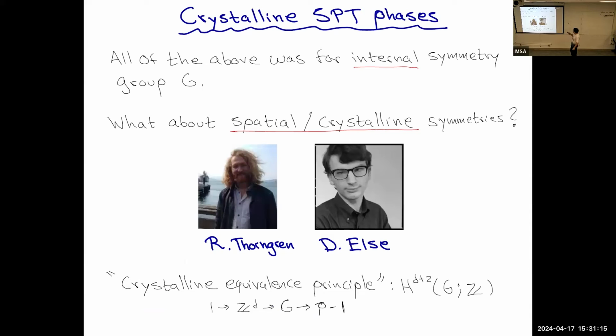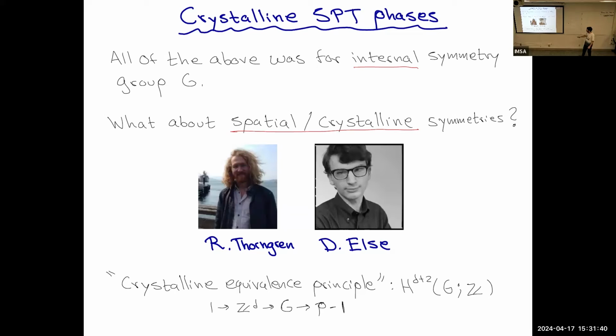And finally, crystalline SPT phases. So all of the things I said before was for an internal symmetry group G. What about spatial crystalline symmetries, right? So what we do in non-interacting systems is usually for discrete translation symmetry, and you can add some rotations and reflections. And so here comes the work of Ryan Thorngren and Dominic Else, who I think had a very, very interesting idea.